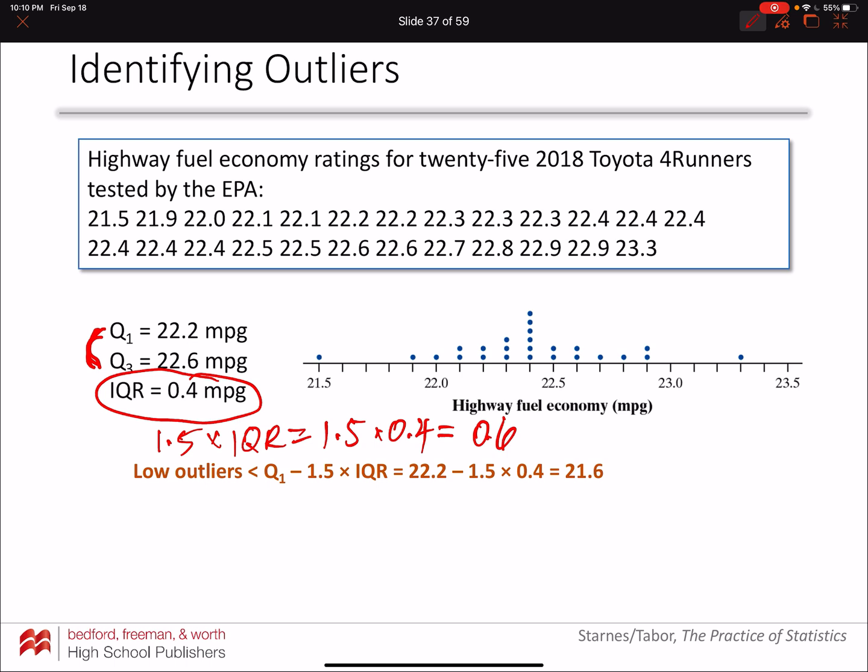What we're doing is taking Q1 and subtracting that 0.6 and getting 21.6, which is about here.